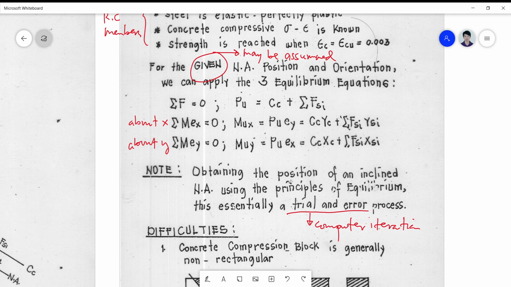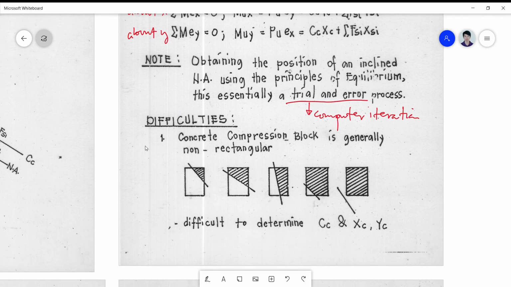The difficulty of obtaining the actual position lies in this consideration: the concrete compression block is generally non-rectangular. So you have a minimum of 5 possibilities for the creation of your stress block, your compression block. It can be triangular, trapezoidal, or a polygon of 3, 4, or 5 sides.